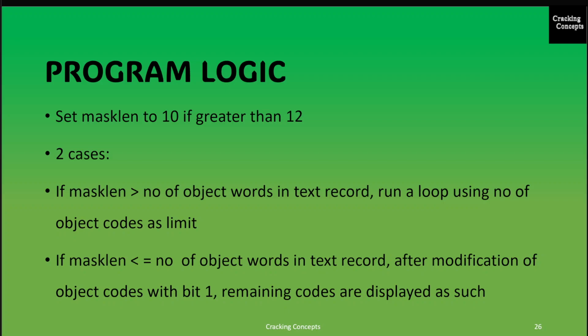In one case, this mask length can go beyond the number of object words. So in that case, the mask length will be kept as the limit of the loop. In the other case, if the number of object words is greater than or equal to the mask length, after the modification is performed on the object codes that are marked with 1, the rest of the code will be displayed as such without any change.